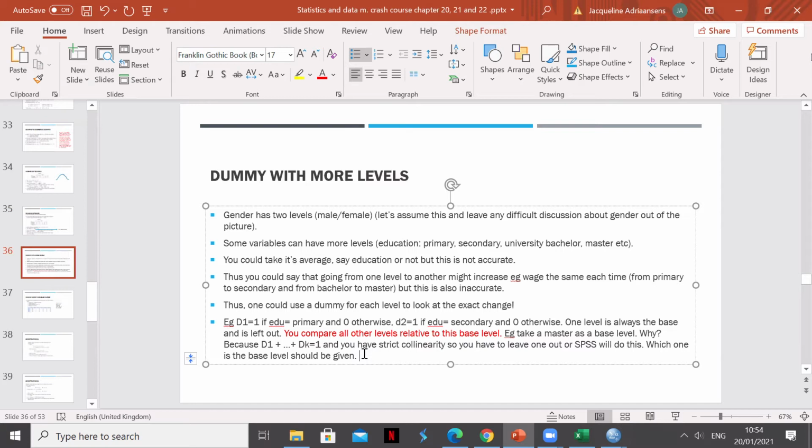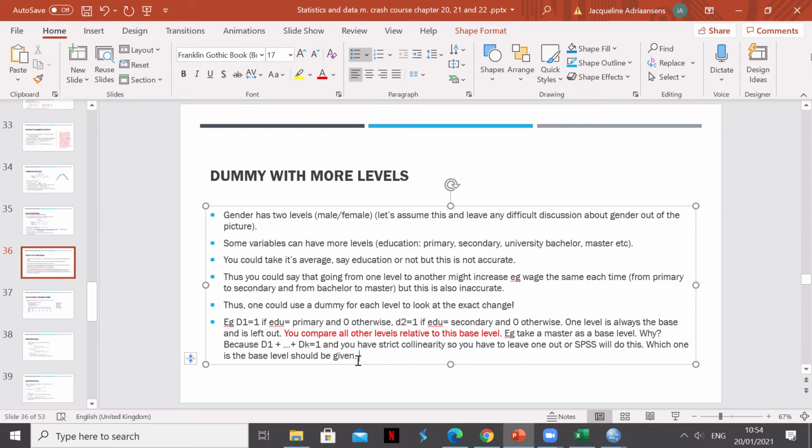But which one do you have to leave out? Usually it's given. If it is not given, I would recommend leaving out the first dummy, which is primary education here, and comparing everything relative to it.